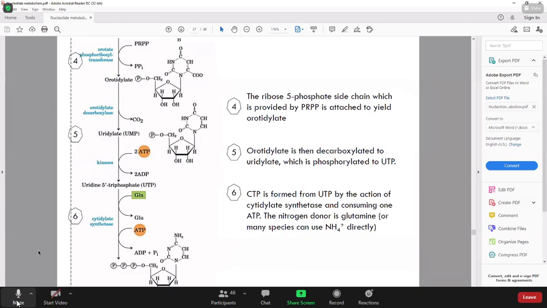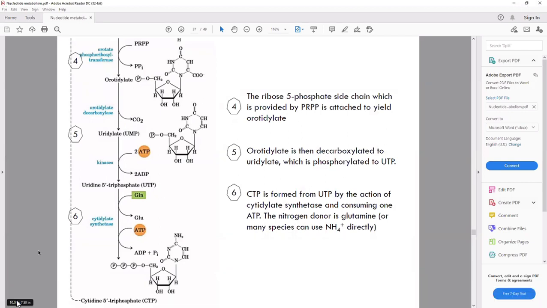The first quiz question I asked at the beginning was, what are the components of a nucleotide? You need to have phosphate, you need to have the sugar, and you need to have bases. These are pyrimidine bases, right?